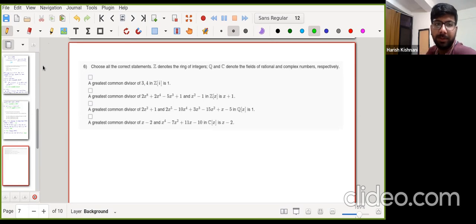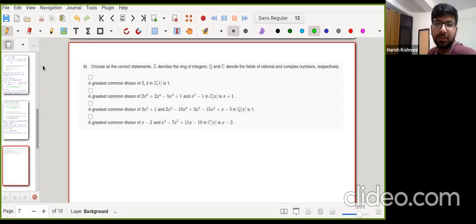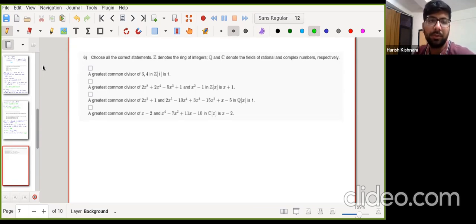Elements that are relatively prime in the lower ring might not remain relatively prime in the higher ring. But in this case it is true. But we have to prove this taking elements inside Z[i].